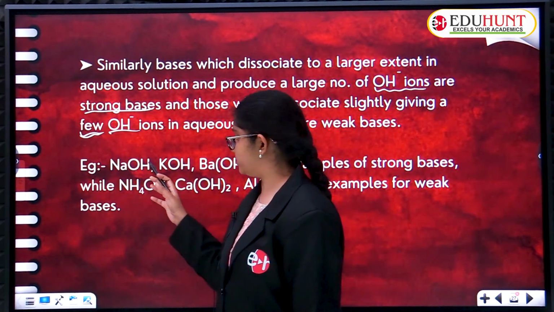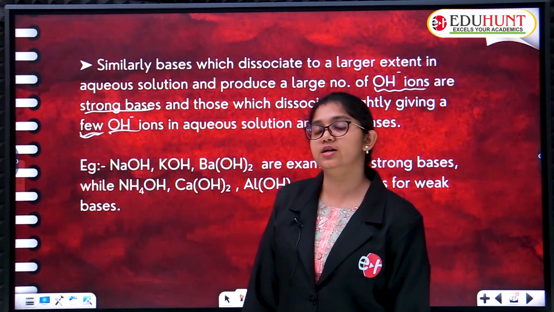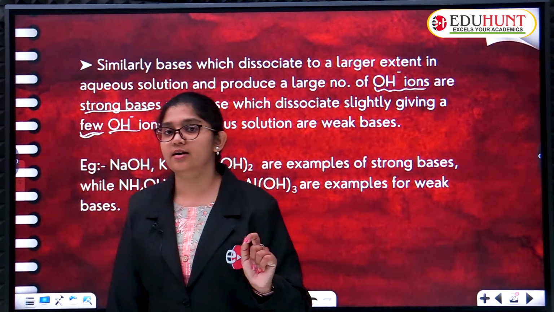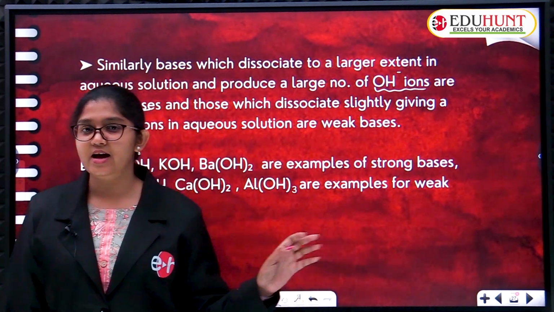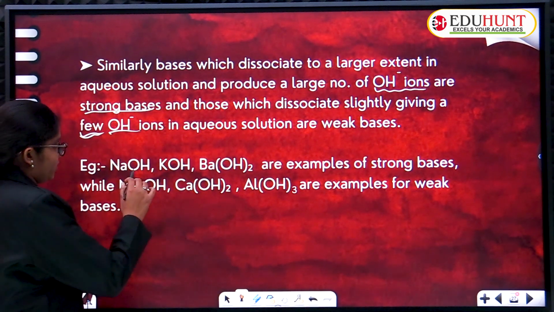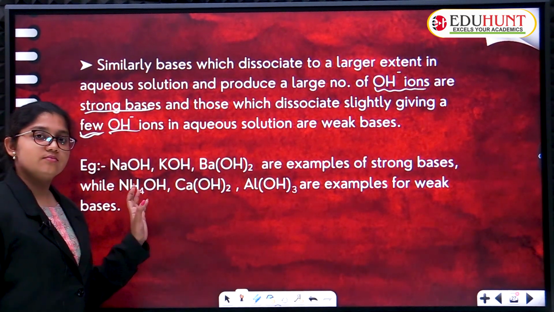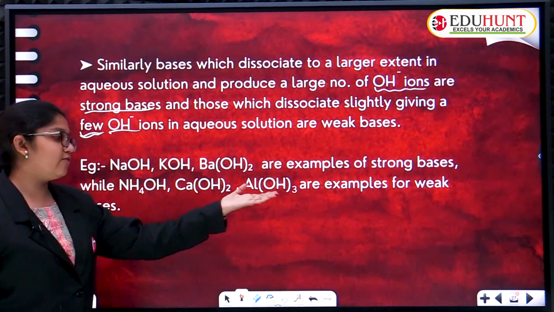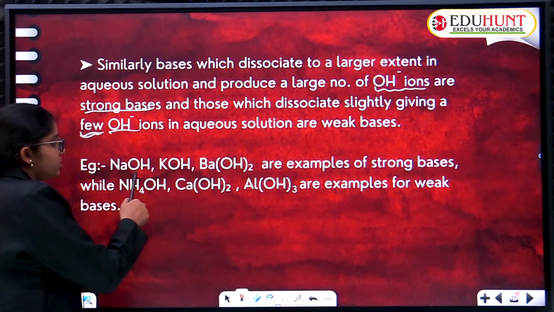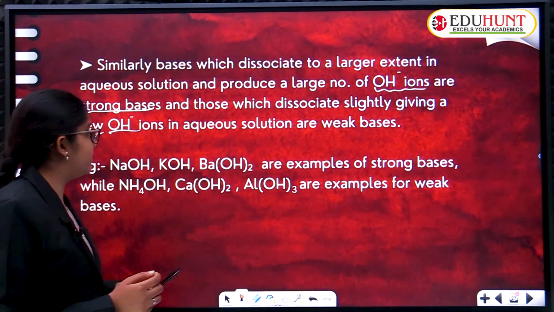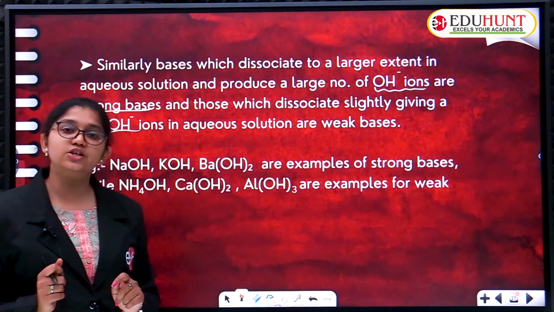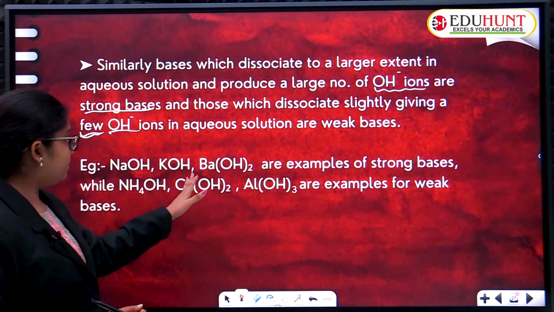Yes, NaOH. What is NaOH? Sodium hydroxide. OH means hydroxide. Very good. Sodium hydroxide NaOH, KOH potassium hydroxide, and Ba(OH)2.